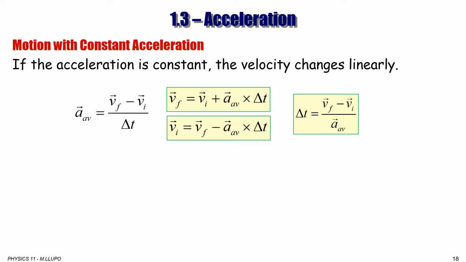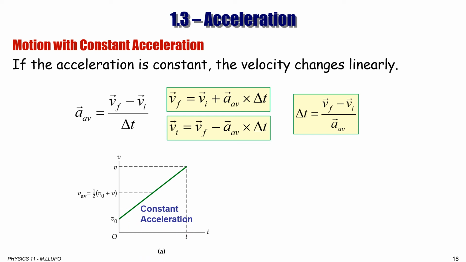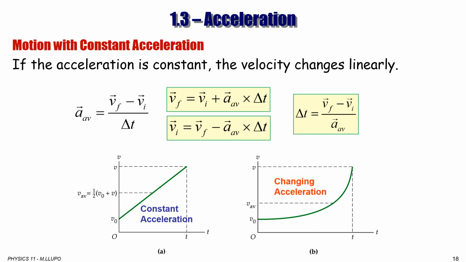So the velocity changes linearly, in a straight line. In that kind of motion, we do use those formulas. We cannot use those formulas if the acceleration is changing over time; then we can use a graph instead. So what we are looking for is motion with a constant acceleration, or what we call uniformly accelerated motion.